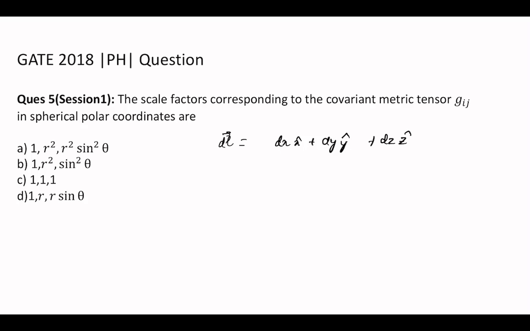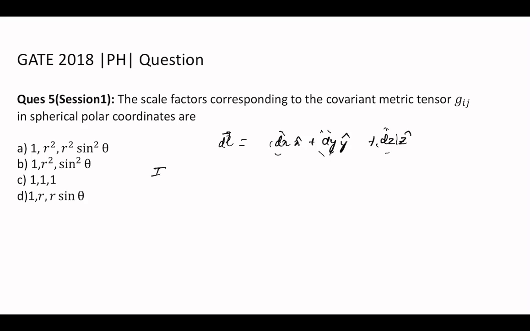In the same way, they have asked us what is the value of the scale factors corresponding to dx, dy, dz in the spherical polar coordinate system. Therefore, first of all, we'll do the transformation from Cartesian coordinate system to spherical polar coordinate system.